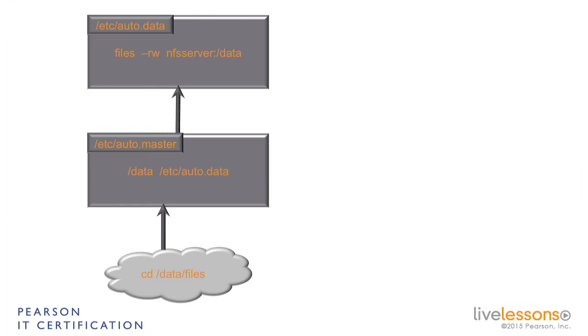And if you look in the auto.data file, you can see what is happening once we are in the data directory. So we have files here, we have data here. So if a user is doing cd /data/files, these are matched together. So files is a subdirectory of /data. So if anyone in the data directory is trying to access the files subdirectory, we need to do an NFS mount.